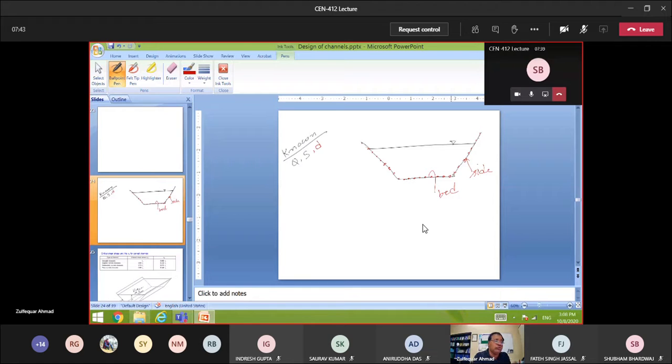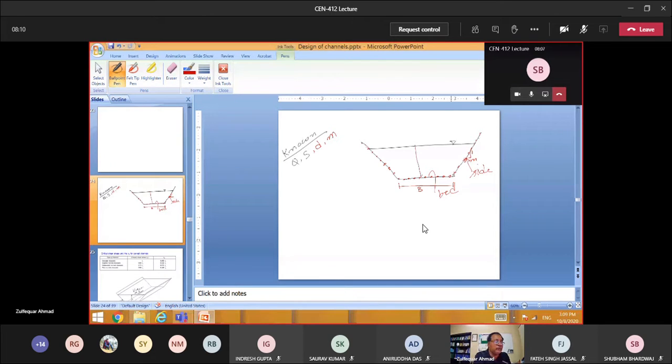Now coming to the side slope, 1:m, what is the value of m? That you can decide on the basis of the angle of repose and the stability of the slope. I think that part we had also discussed. So you know the side slope. Now there are two things that we have to decide. One is the bed width, right?